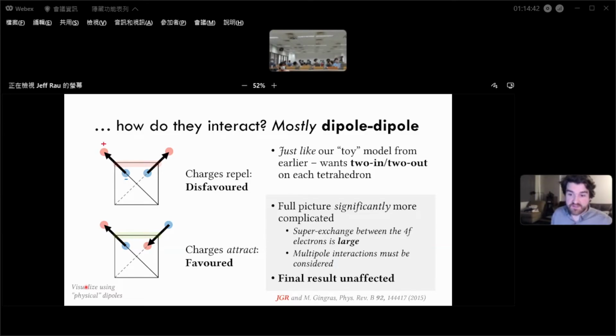And then because these things have this very large J value, those superexchange interactions are quite complicated. At the end of the day, none of this particularly matters. The physics is not really changed by this, but just keep in mind that you can't just start with that Ising model or start with that dipolar model and just jump to the conclusion. There is some complication that has to be passed through in the middle.